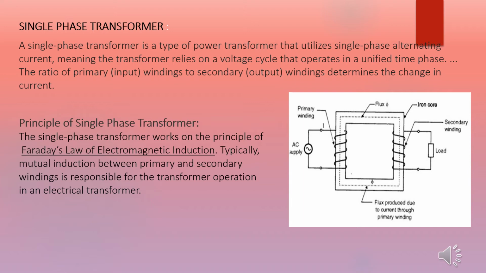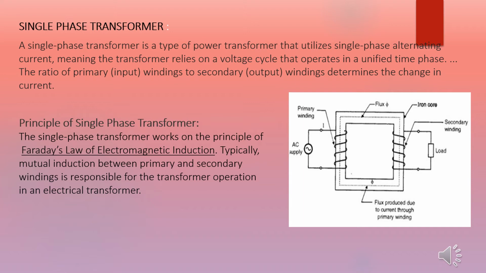What is a voltage cycle that operates in a unified time phase? It means the value of voltage at a particular instant in an alternating cycle will remain the same. The ratio of the primary windings to the secondary windings of the transformer will determine the change in current.